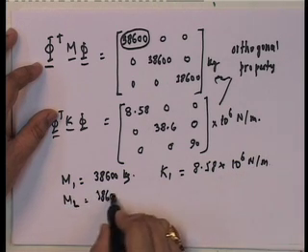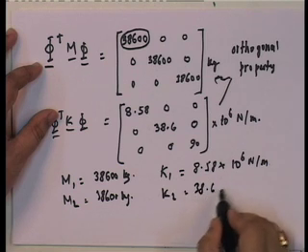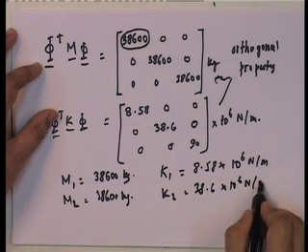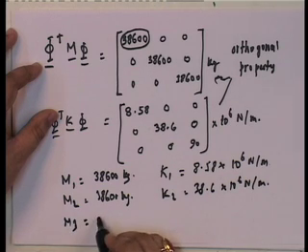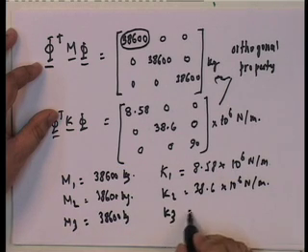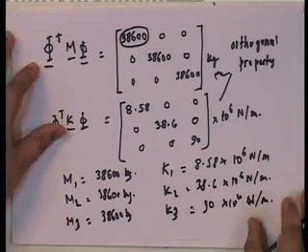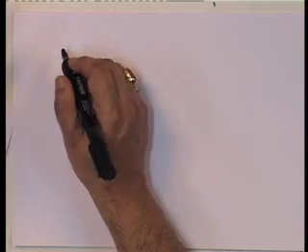M2, K2, M3, K3. Having done that, I know that the square root of K1 upon M1 is equal to omega 1, because omega 1 squared is K1 upon M1, since we have already seen that K1 is equal to omega 1 squared M1.